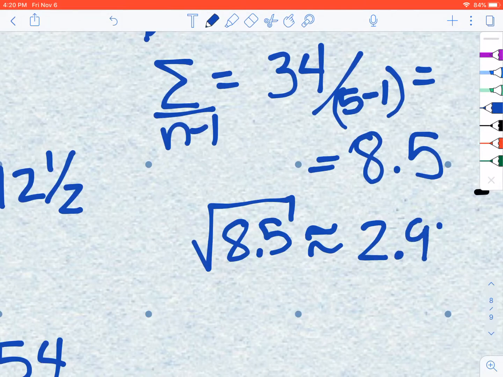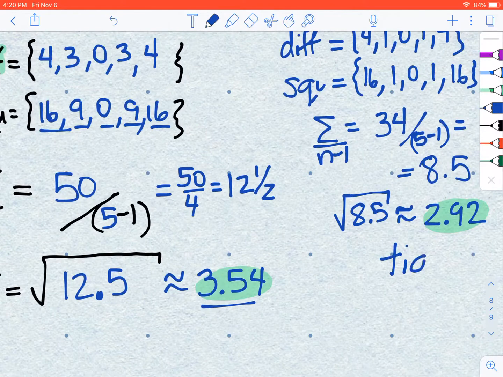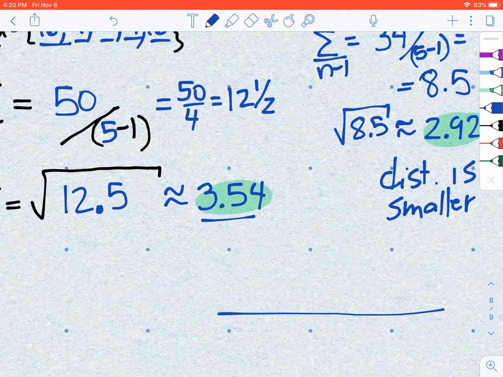All right. So we compare our two numbers, 2.92 and 3.54, right? So this one, let's write this down. This is smaller. So the distance is smaller, right? And again, I'm going to draw that graph out. Here's the middle.